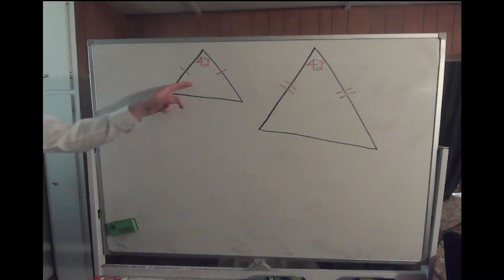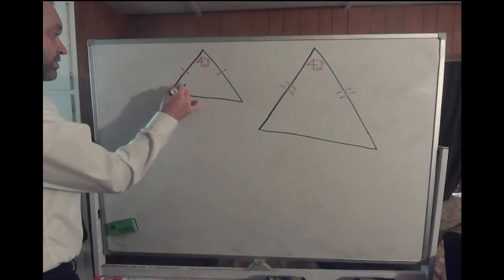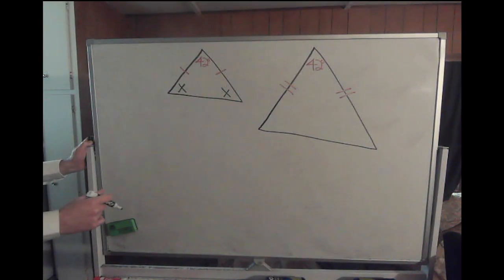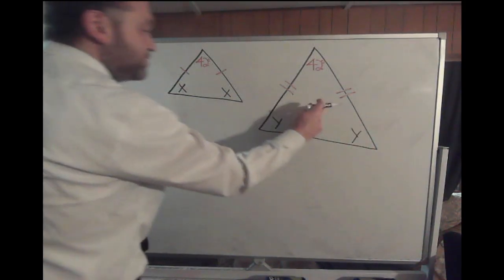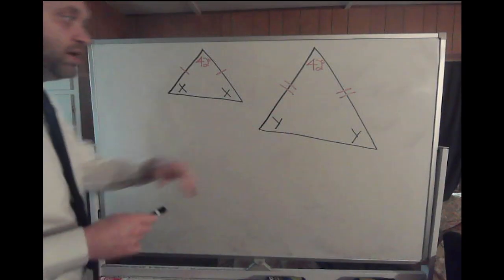That the angles opposite those sides are congruent to each other. But we don't know the angles, so we'll call this angle x. We'll call both of those x since they're congruent. We'll call both of these angles here y since they're both congruent. The isosceles triangle theorem applies to both of these triangles.